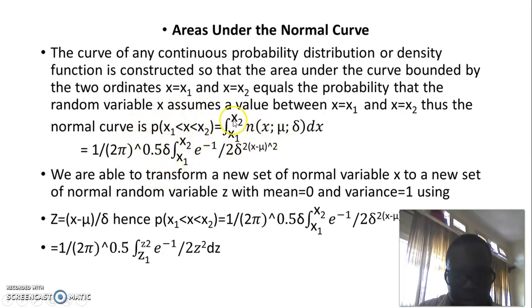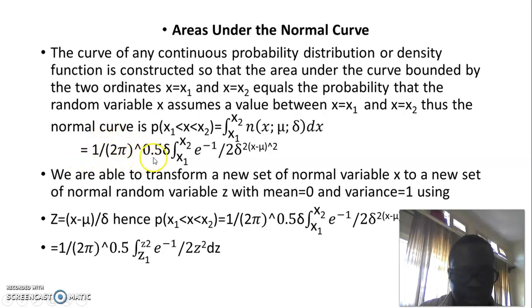So this one is given by the integral from x1 to x2 of the normal distribution function integrated with respect to x.